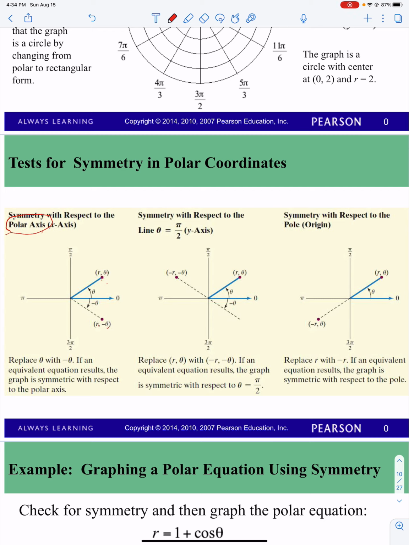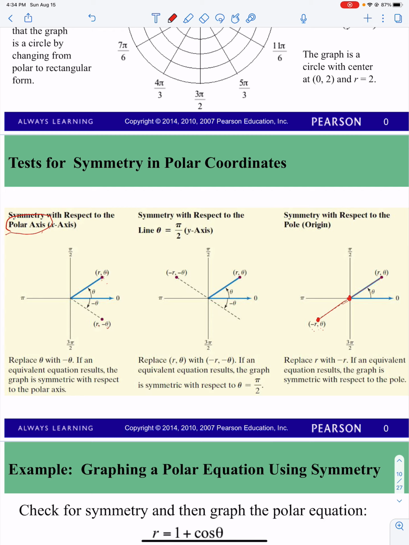Negative r, do you guys remember? If you draw the negative r, what will you do? You draw it instead of at theta, you draw it going the other way. So here is this. This is negative r, theta.